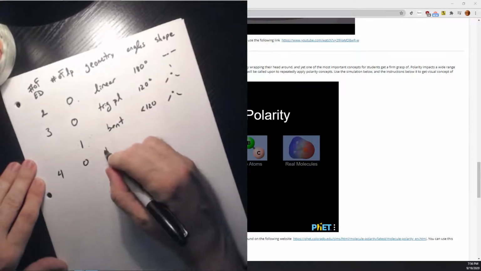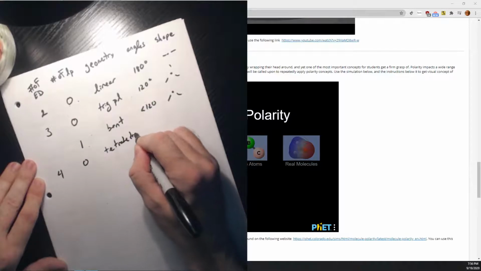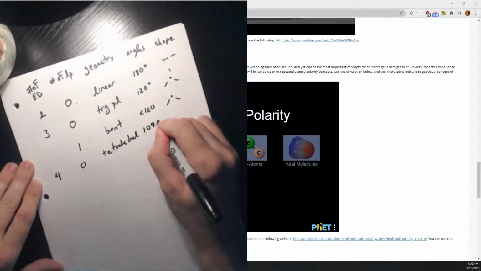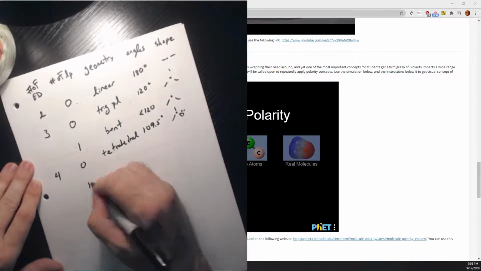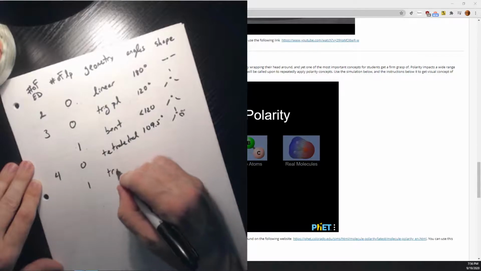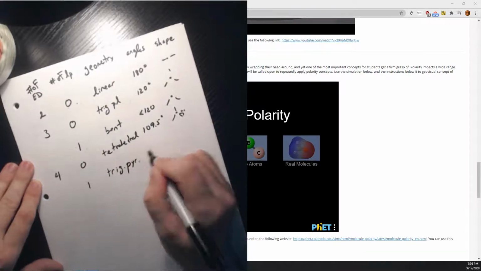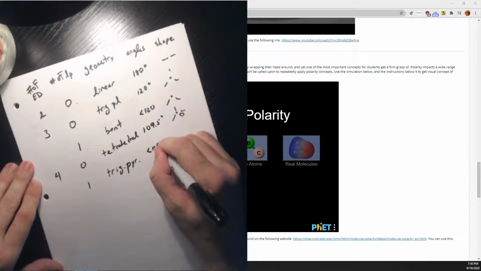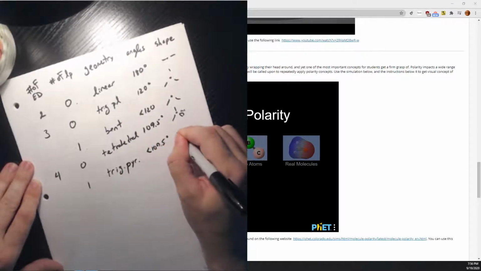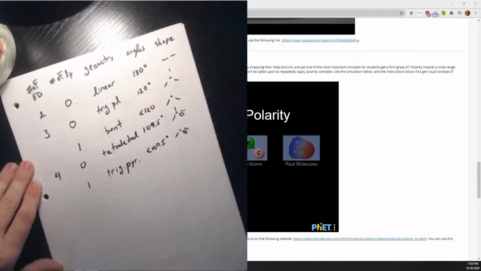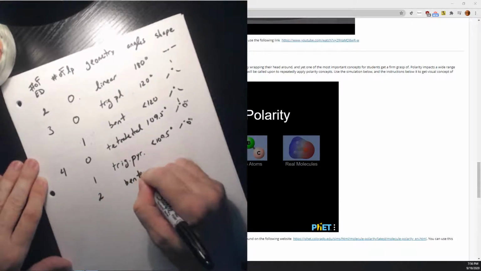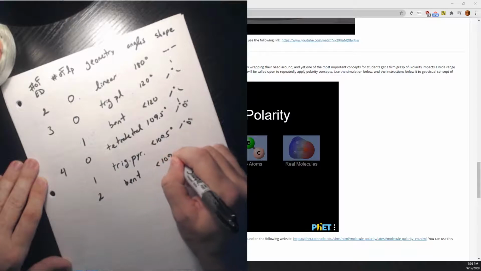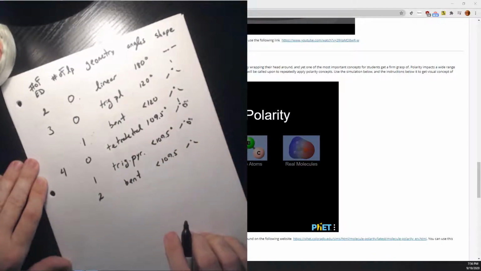4 and 0 is tetrahedral, 109.5. 4 and 1 is trigonal pyramidal, less than 109.5. 4 and 2 is bent, less than 109.5. Looks like that.